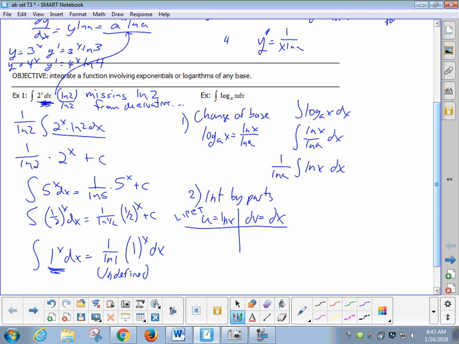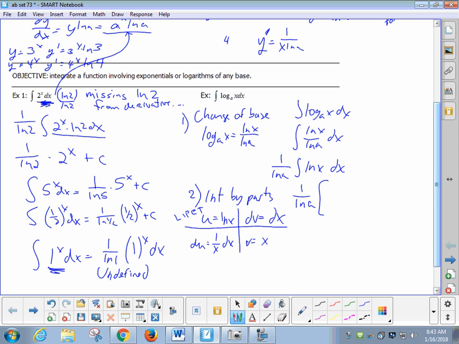If u is log of x, then du is 1 over x dx. And therefore, dv is dx means v is x. So by integration by parts, 1 over natural log a times brackets, because we're about to get a sum or a difference in there.